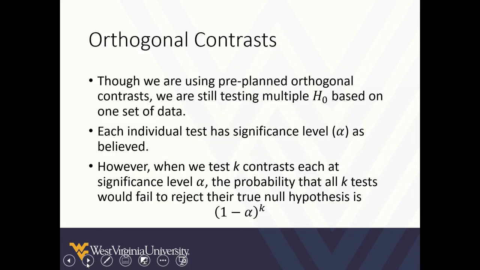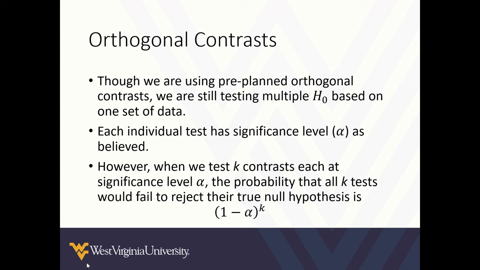Taking a little bit further look at our orthogonal contrasts. Although we are using pre-planned contrasts, obviously we are still testing multiple hypothesis tests based on one set of data. And we know the issue with this is that it does mess with the overall significance level.